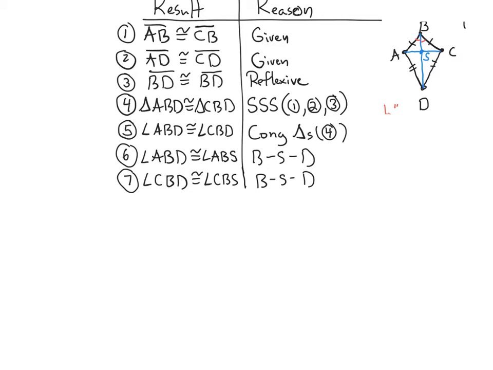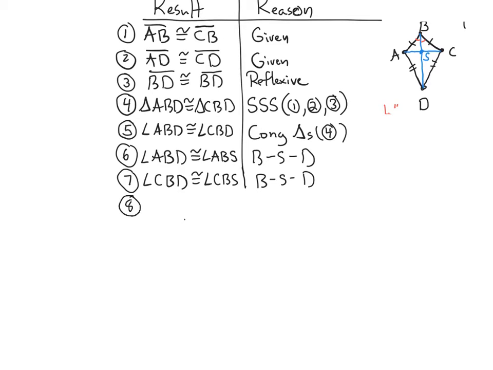So now we're set up to use our side angle side axiom. Again, we're going to use the fact that ABS and CBS have two sides that are congruent and the included angle. So let's go ahead and tell people that that's what we're doing. We already have that AB is congruent to CB. We don't need to write that again.